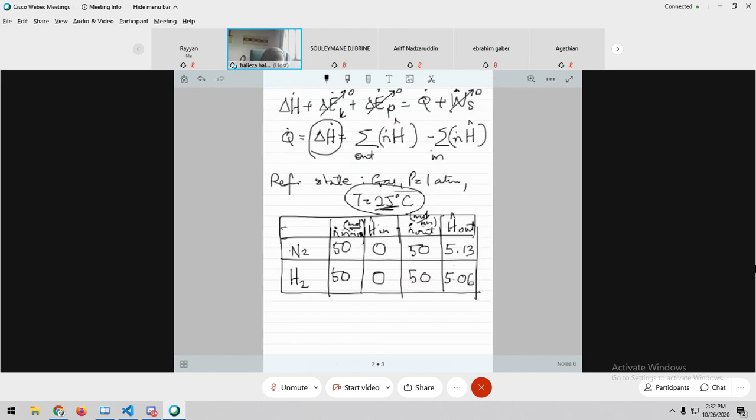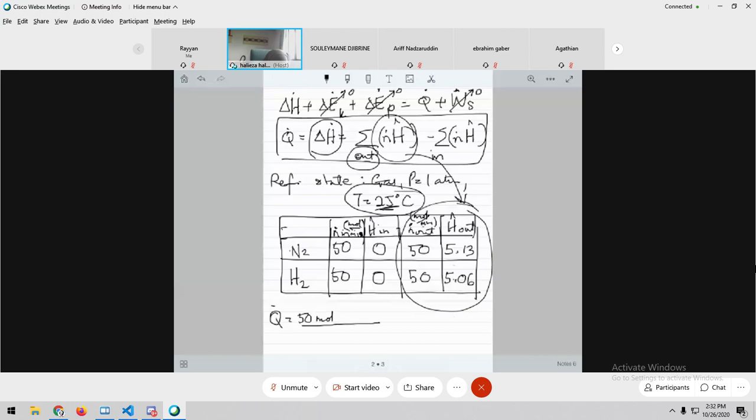Now putting the values into this equation, Q dot equals the sum of out minus the sum of in. So you have 50 mole per minute times the enthalpy 5.13. What is the unit for enthalpy just now?